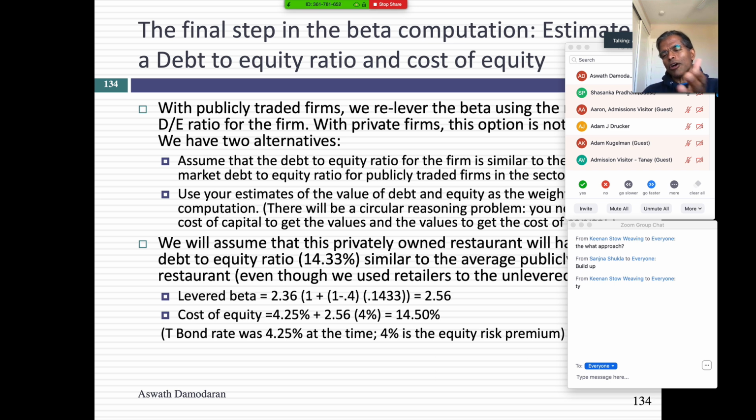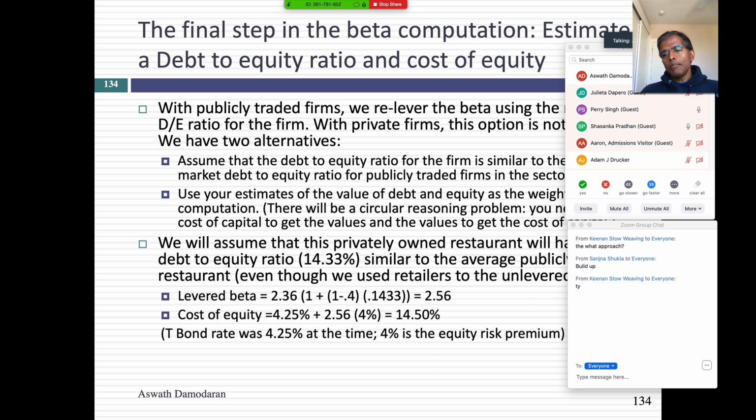But here, because this is a restaurant, the way you borrow money is being driven by the fact that you have to lease the premises. So I'm using the restaurant debt to equity. I'll be quite honest, if I'd used the retailer debt to equity, I'd have got pretty much the same answer. So that was just tricky in this case because I was making a different judgment call. There is a little bit of an inconsistency, but I can live with that.